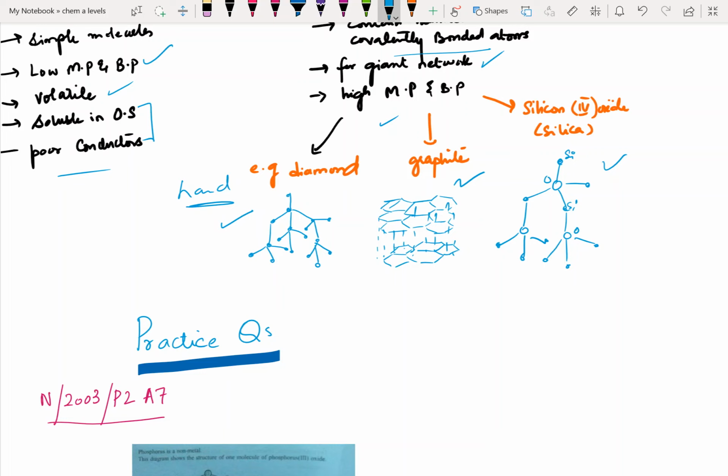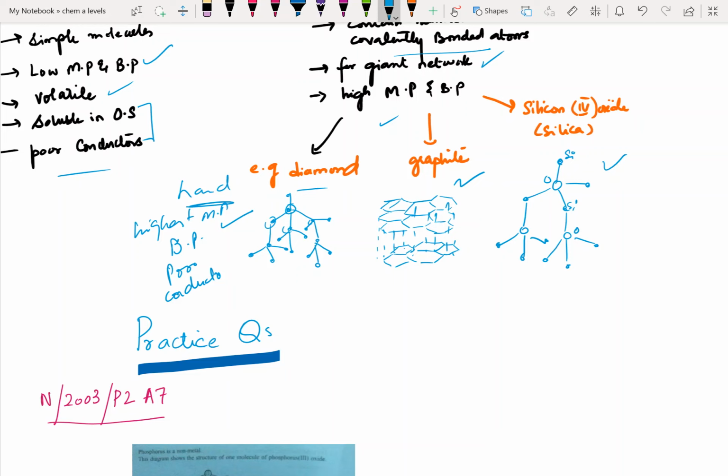Each carbon atom is joined to 4 other carbon atoms, with the highest melting and boiling points. Diamond is a poor conductor of heat and electricity.